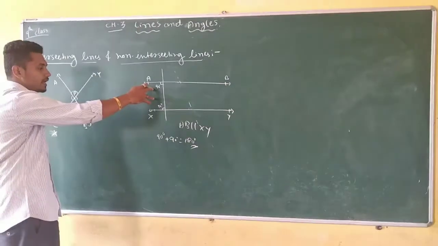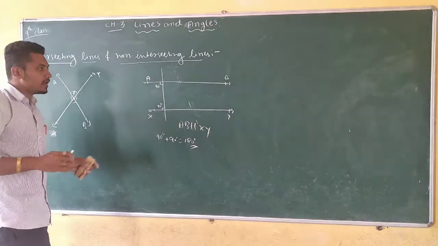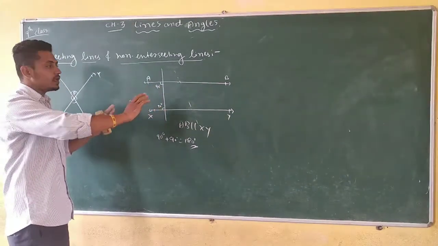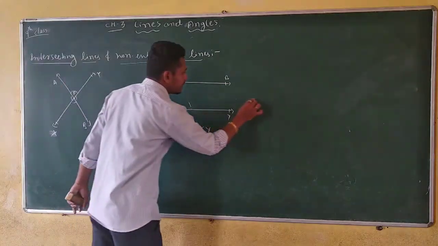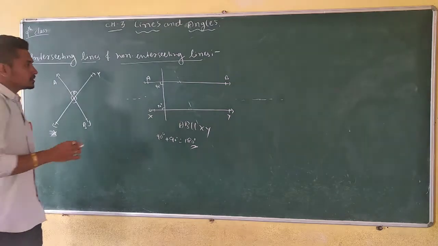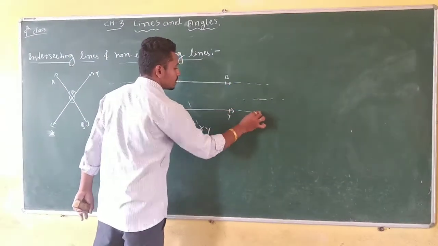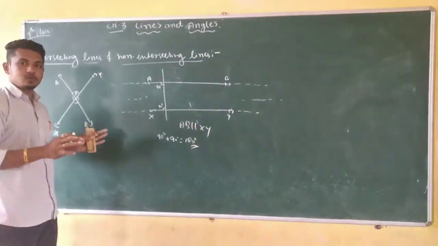So these two interior angles are equal to 180 degrees, and they can't intersect at any point. See here, this line is expanding on both sides indefinitely, but they can't intersect each other.